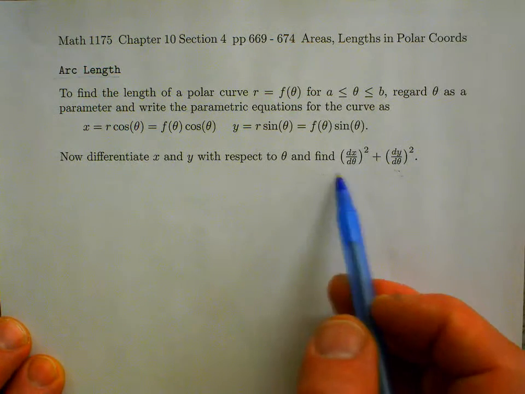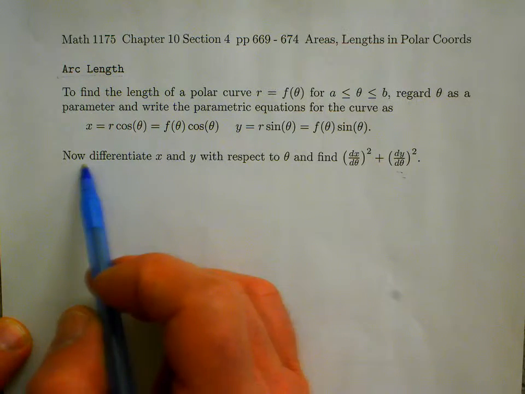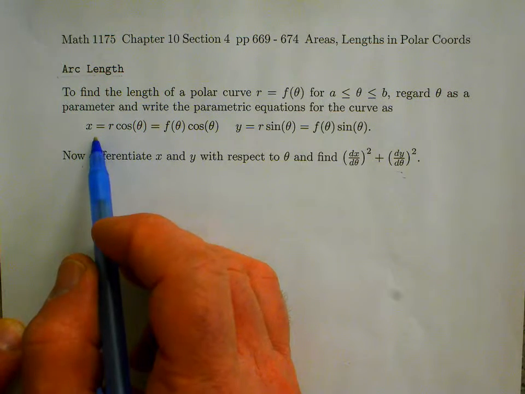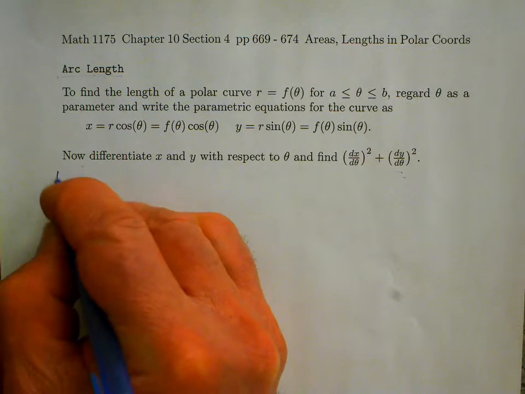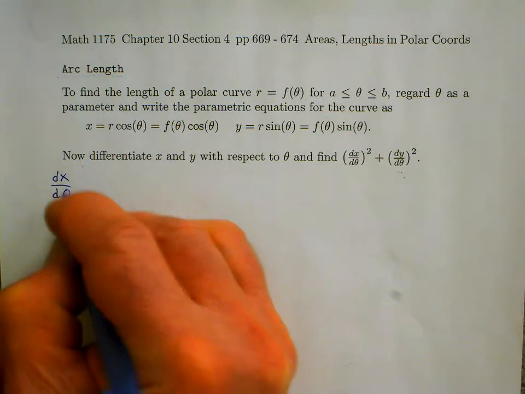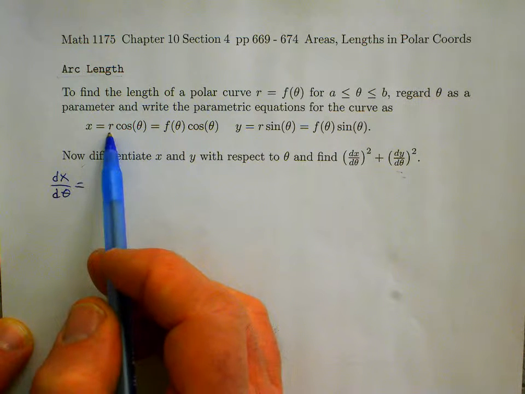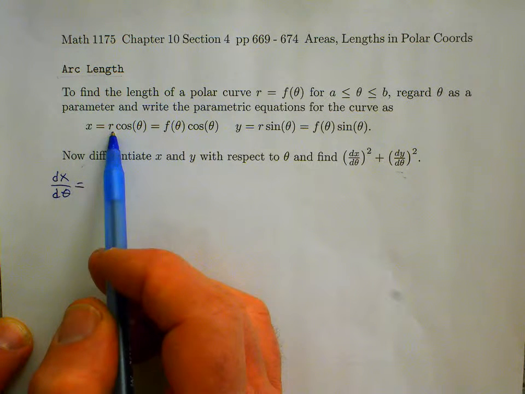So let's find this. First, we want to know what dx d theta is before we square it. We've already seen this a couple of times. Remember that r is a function of theta, so we use the product rule.